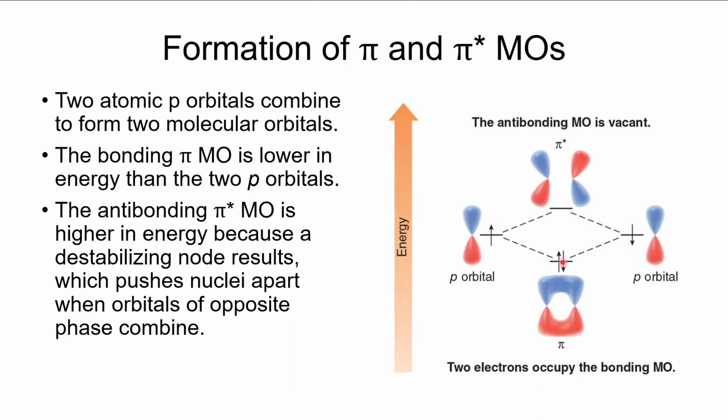The difference in energy between that bonding molecular orbital and the antibonding molecular orbital is going to be equal to the energy required to excite an electron from this orbital up to that orbital.